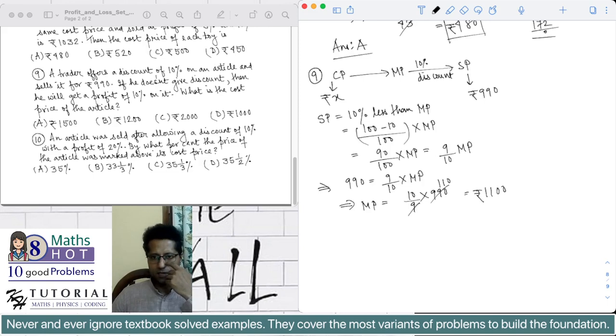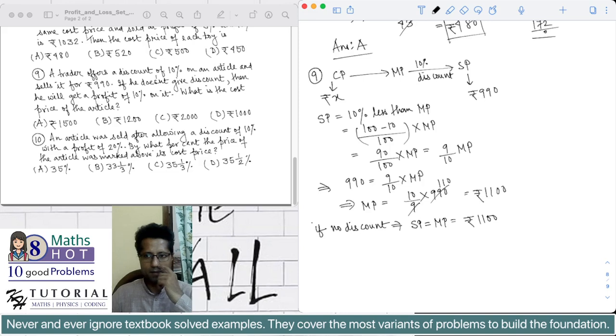Now, profit is always based on the cost price and selling price. Now, if there is no discount, that will imply that selling price is equal to mark price, which is equal to rupees 1100, because we have already computed the mark price to be 1100, and mark price and cost price do not change.